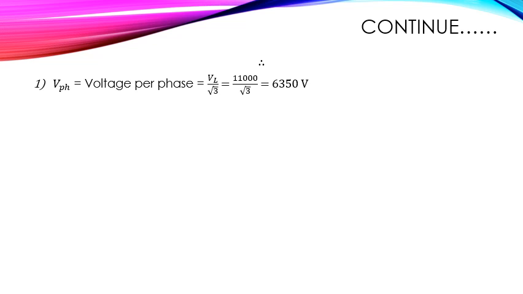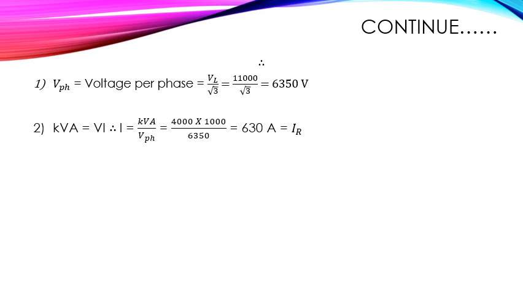Therefore, the phase voltage is calculated by putting the value of line voltage, that is 11,000 volts. So the answer is 6350 volts, the phase voltage. Then the kVA rating is 4000 kVA. Then put the value of the calculated phase voltage here.